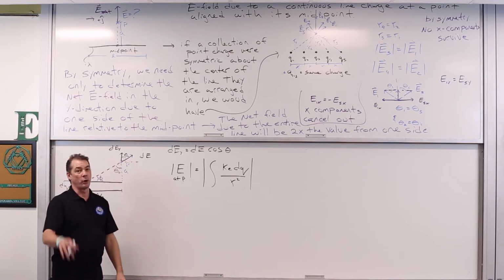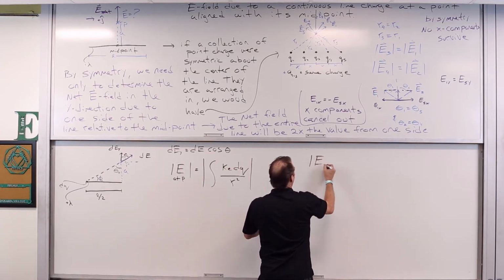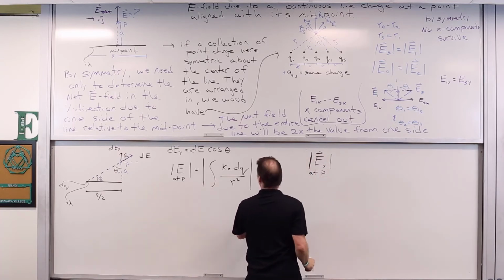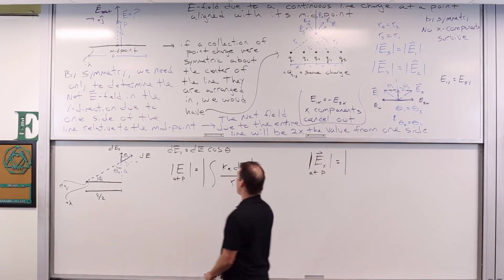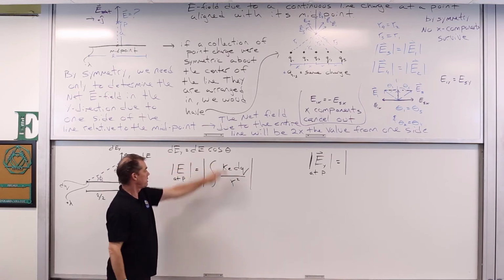But we just want the y component. So if we look at what is the magnitude of the y component at P, well, we take this whole thing and we multiply it by the factor that we need to just extract out the y component. That's it.